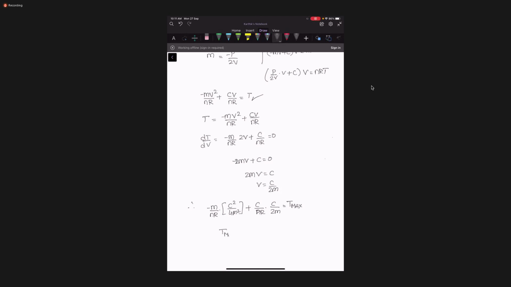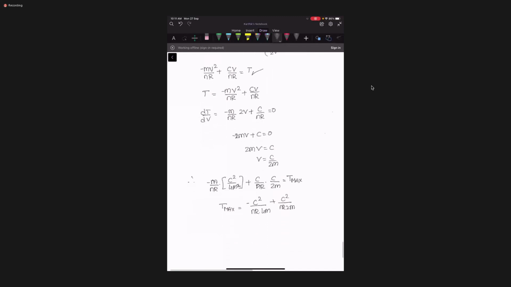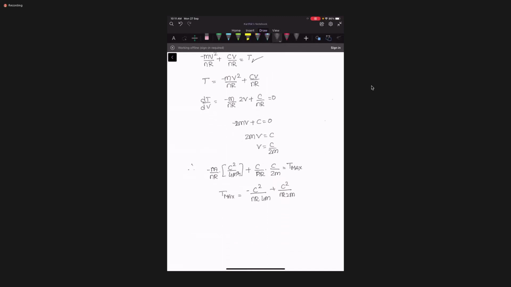So temperature max is equal to, 1 m gets cancelled, minus C square divided by nR into 4m plus c square divided by nR into 2m. Clear? Now substitute your c values, m values which you have got. Clear?